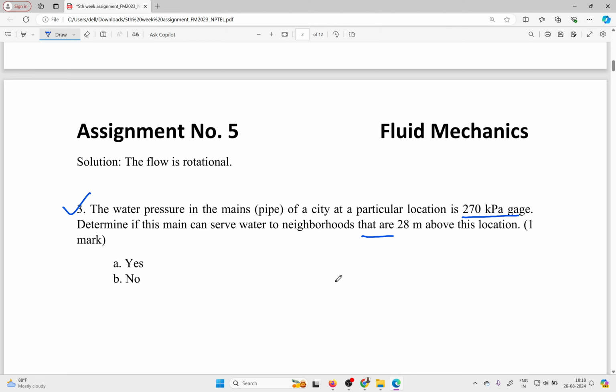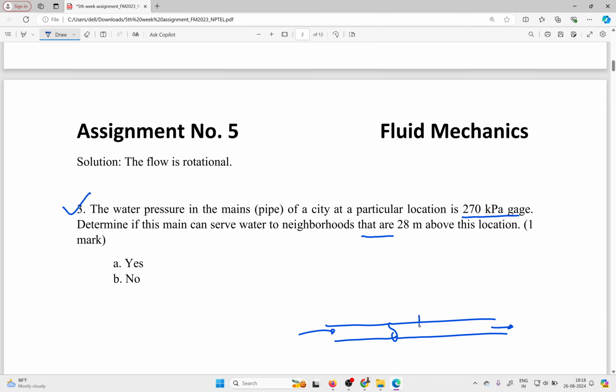So whether this much pressure is possible to transport the water from your 270 kilopascal location up 28 meters, or convey the water from this location to that location. Let's suppose here the pipe is going outside also.